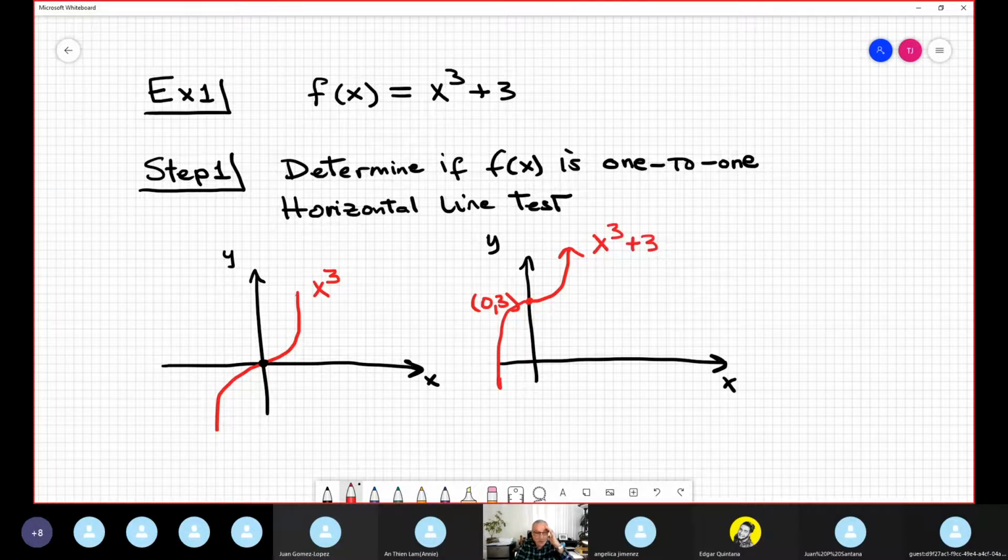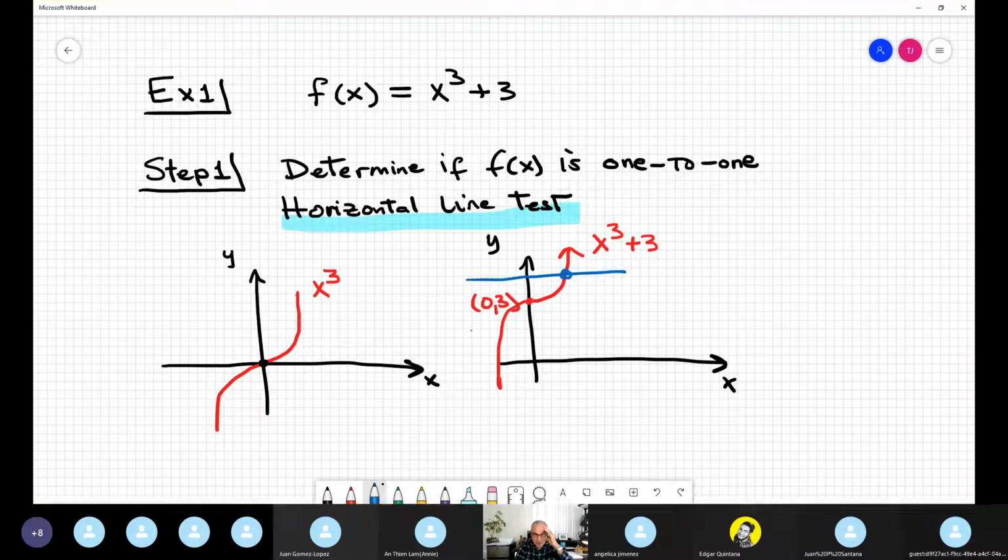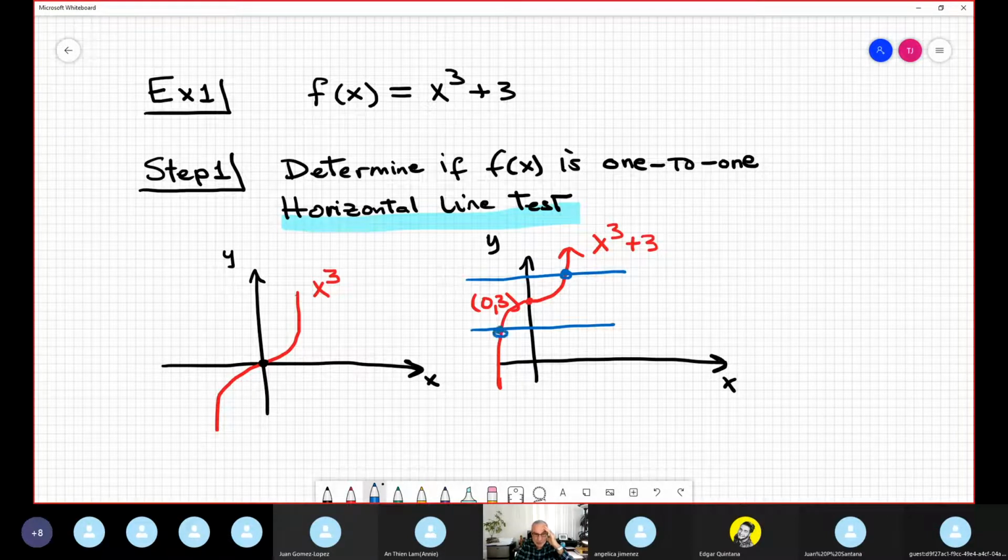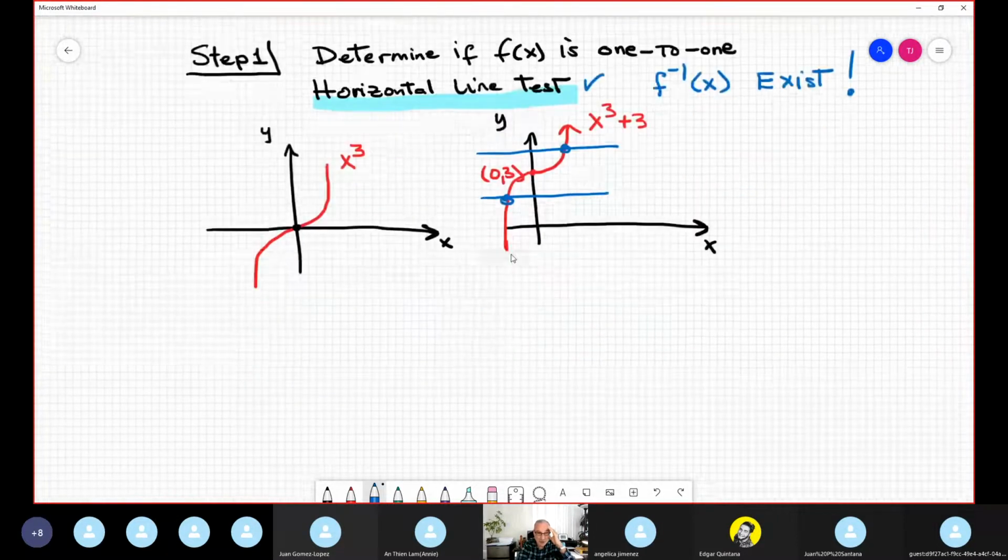Entonces es obvio that when you apply the horizontal line test, this passes the test because a horizontal line crosses only one point. Okay, nice. Therefore, the inverse function exists, and in the second step I need to find it. Everyone follow me?